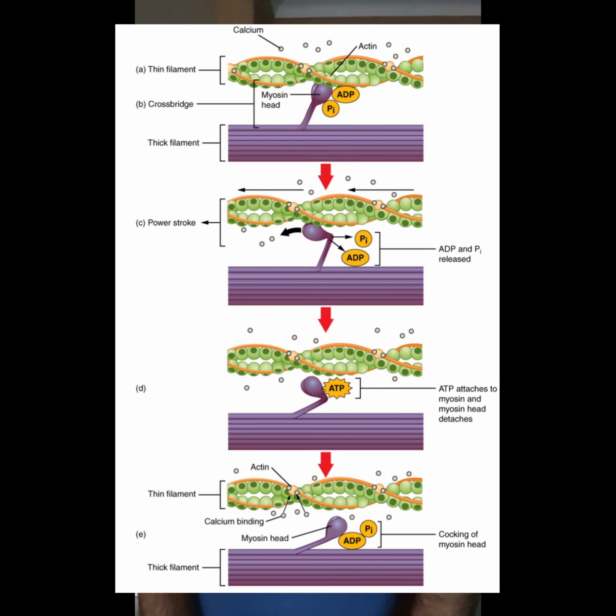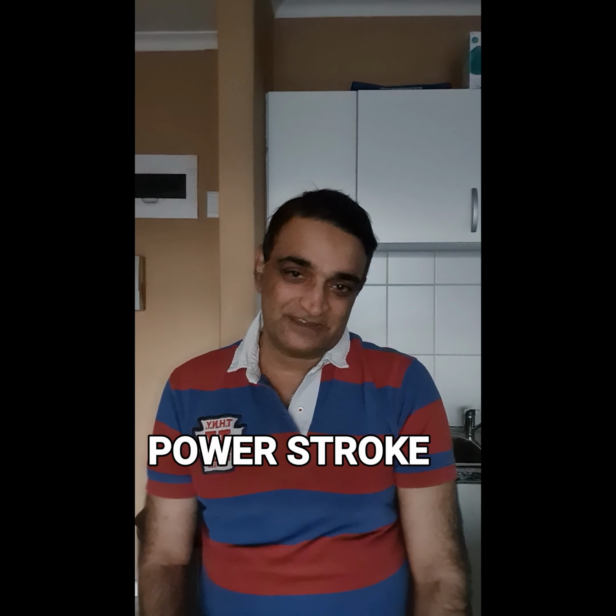So what happens is that the myosin, which is now charged up from dephosphorylation of ATP, then latches onto the active site and moves into position and causes the power stroke, which results in contraction.